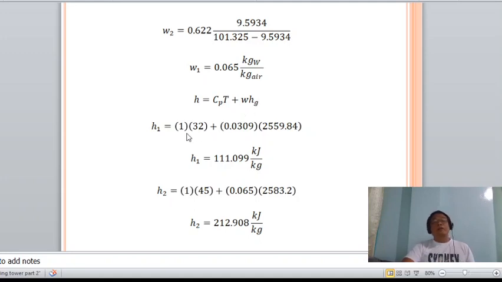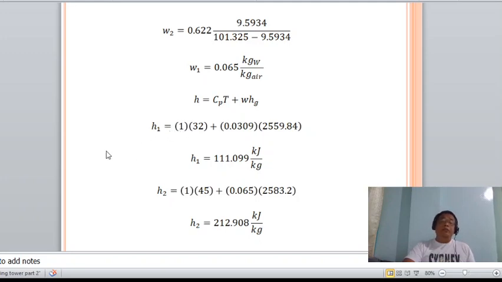That is equal to 1, the Cp, multiplied by 32, the temperature, plus 0.0309 multiplied by 2559.84. So, the enthalpy is 111.099 kilojoules per kilogram. Same for the enthalpy of the leaving air. Okay? That is at 45 degrees.